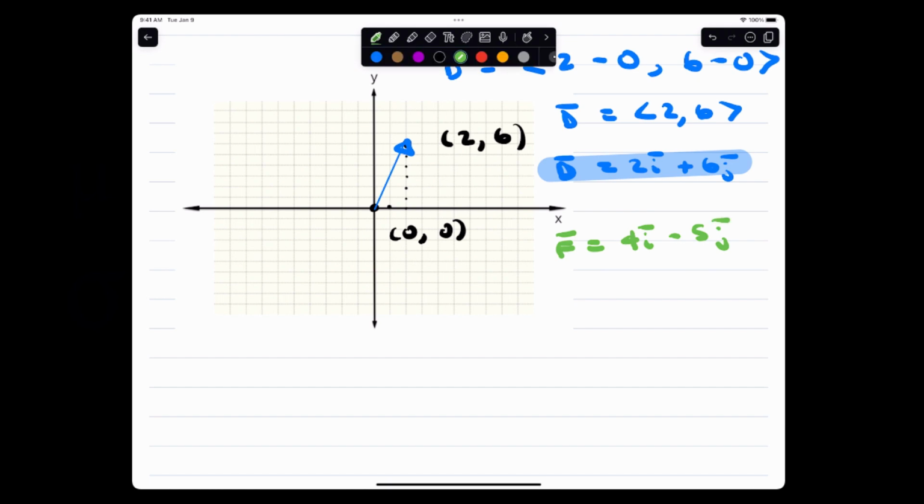So that the work is force dotted with that distance.